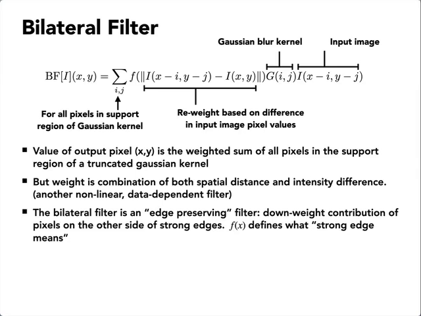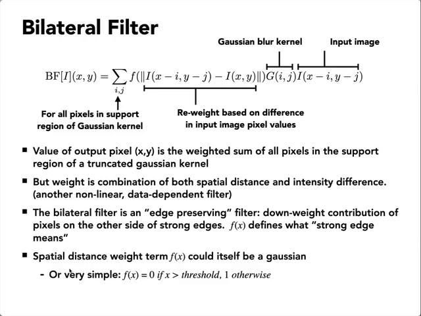So the bilateral filter is an edge-preserving filter. It will downweight the contribution of pixels on the other side of a strong edge, an edge being a large change in intensity value, of course. F of X is going to define what strong edge means in a numerical sense for us. The intensity difference weight term F of X could itself be a Gaussian.